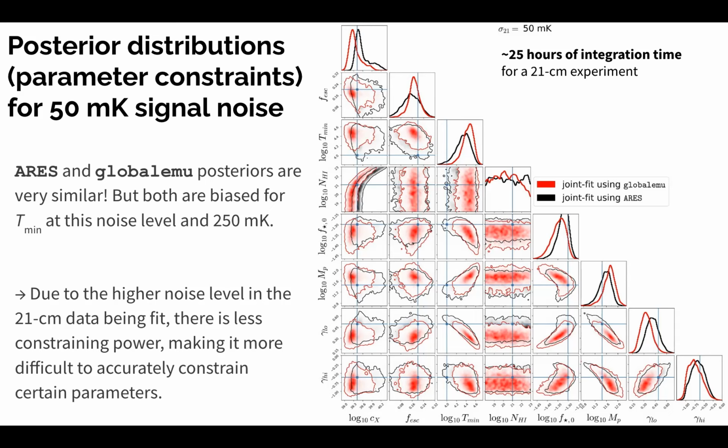This is to quantify how accurate Global Emu is for each parameter. And we do this for the 5 different noise levels that we test. I've just shown you the full posterior distributions for 2 standard noise levels considered in the field. We also do this for more optimistic noise levels on the signal and for more pessimistic noise levels, so more or less integration time.